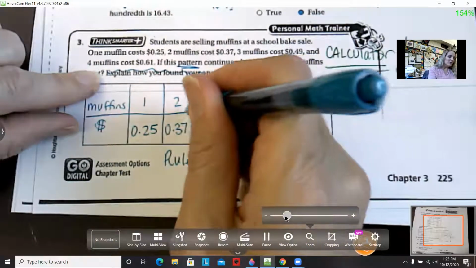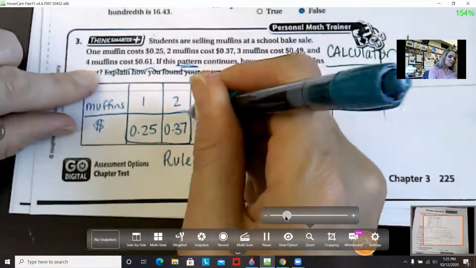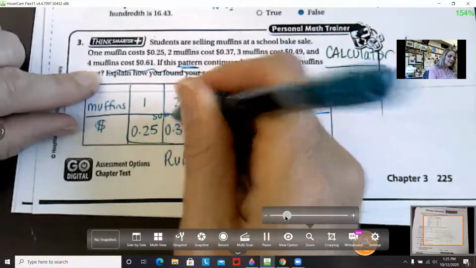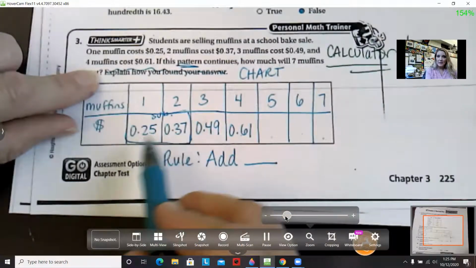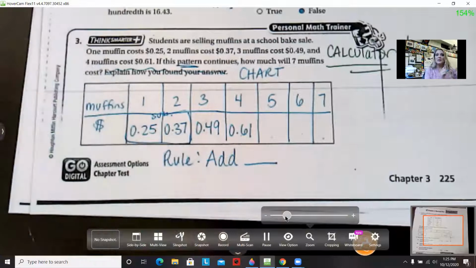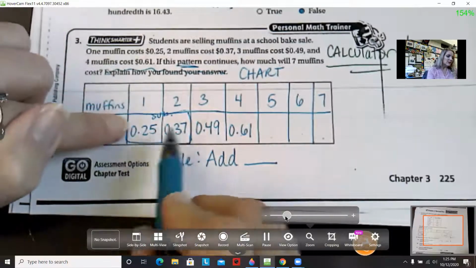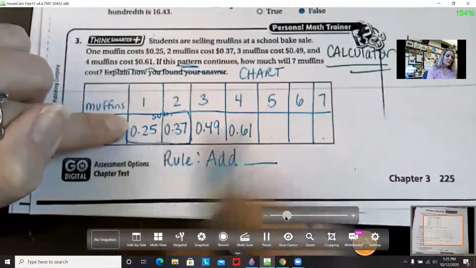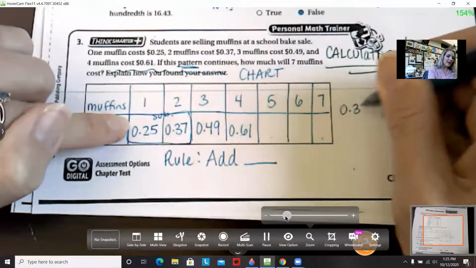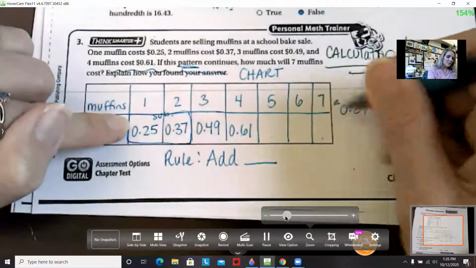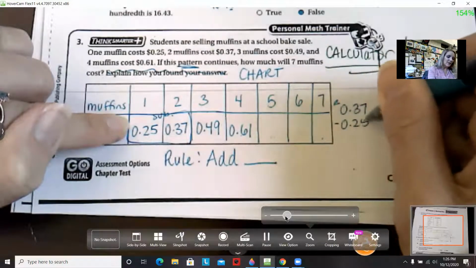Do you remember from the other day what we have to do with these first 2 terms? You always subtract them to find the difference between them. And once you find the difference, we use that difference to add on to each of the terms. Okay, so let's subtract biggest number on up at the top. So let's step off to the side, 37 cents minus 25 cents.